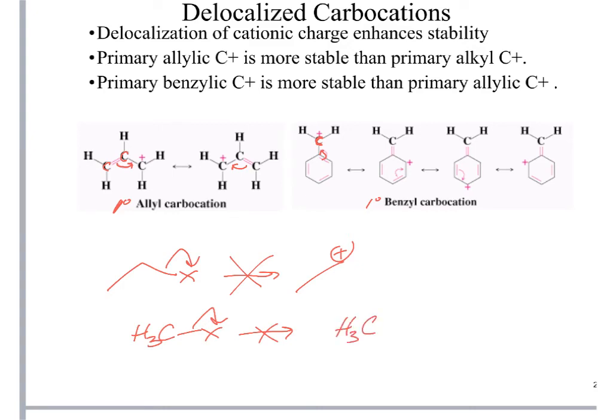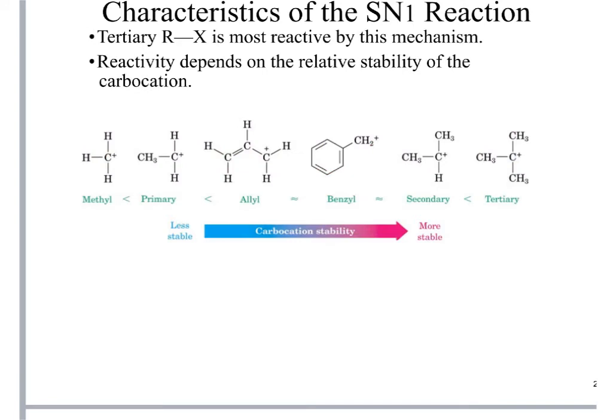Carbocations of that nature do not form in solution, but only in gas phase. They are too unstable. So let's focus on primary allylic and benzylic carbocations, as well as some secondary alkyl carbocations, and then tertiary alkyl halides.